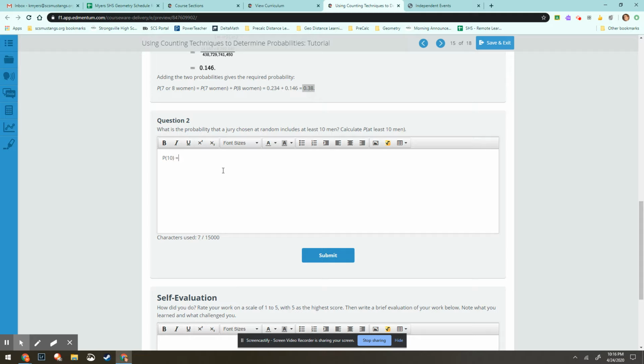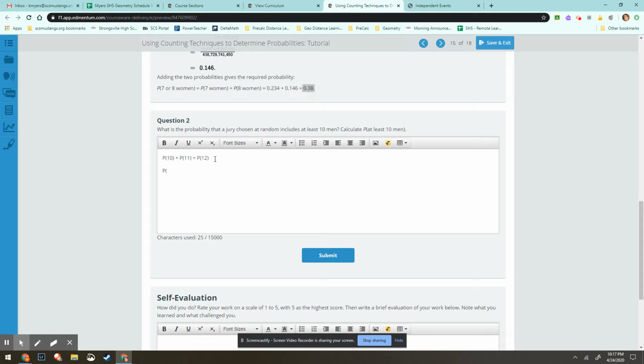Or we could also have 11 men. Or we could have, I keep missing the plus sign, 12 men. Okay, and those are the 3 different ways that I can have a jury that has at least 10 men. So that means 10, 11, or 12. So we have to figure out these 3 individual probabilities.